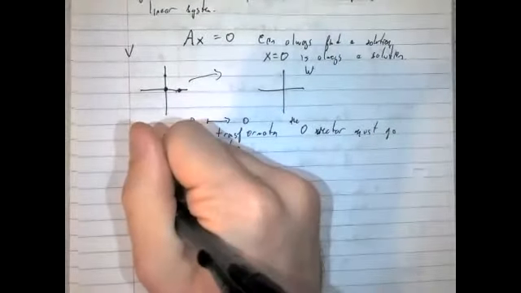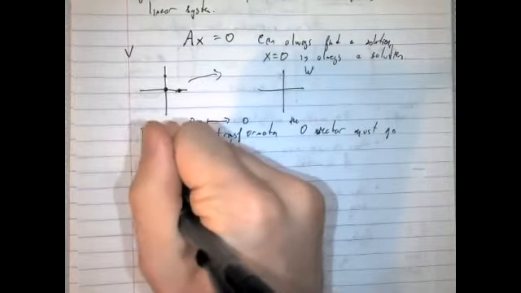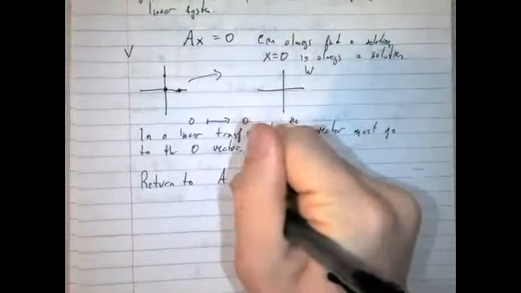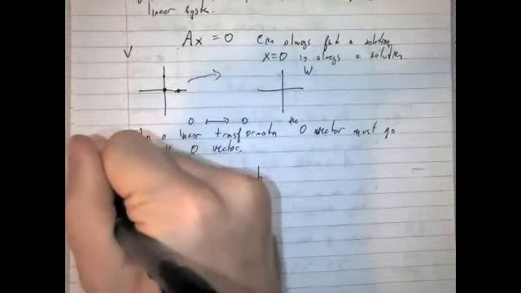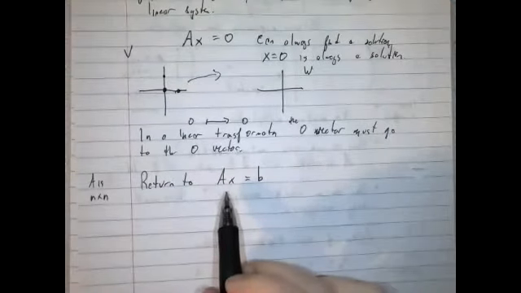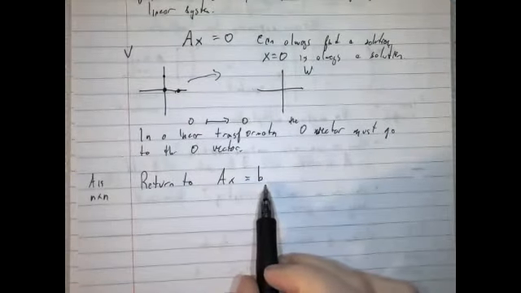Now let's return to the non-homogeneous case. Return to Ax is equal to b. And here, again, we're going to assume that A is n by n. So I can really think of this as a linear transformation from a vector space to itself.